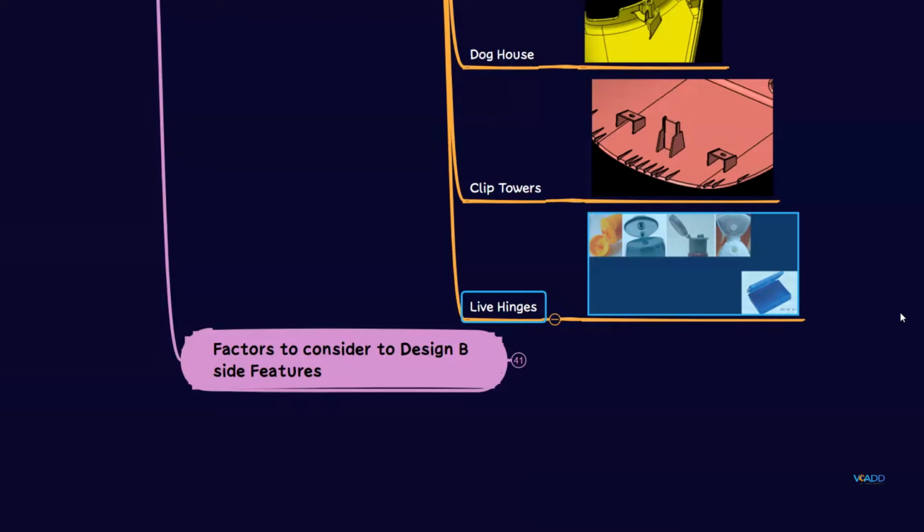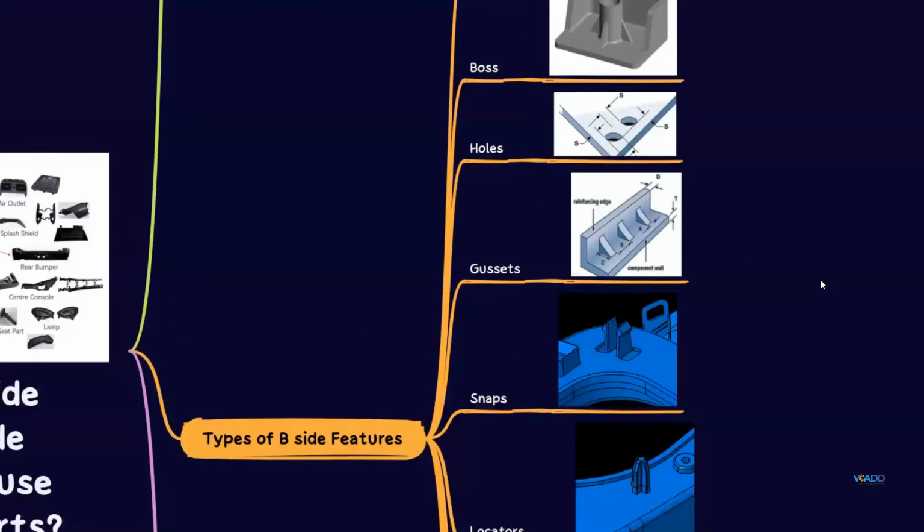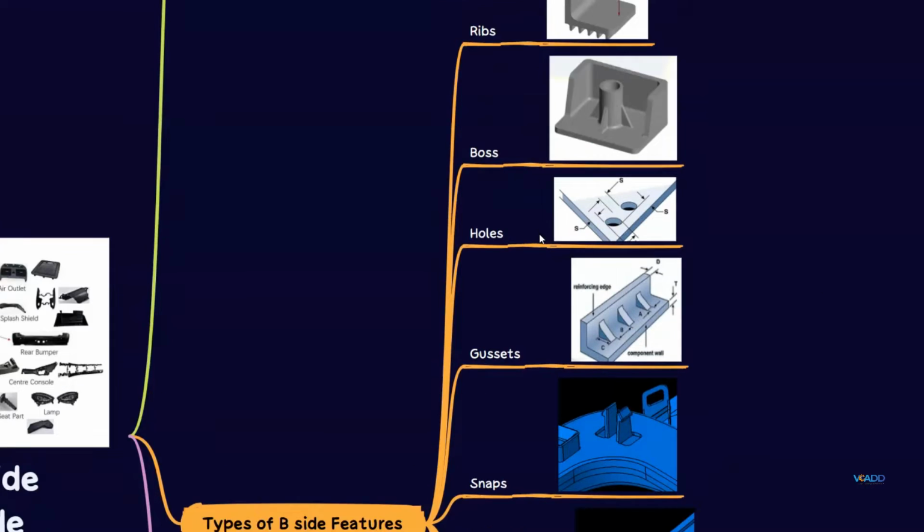We use live hinges in shampoo bottles and tiffins. Those flaps can open and close, so that hinge is called a live hinge, created into the plastic. These are the common attachments, as I said, but there are 1,000 different types also.